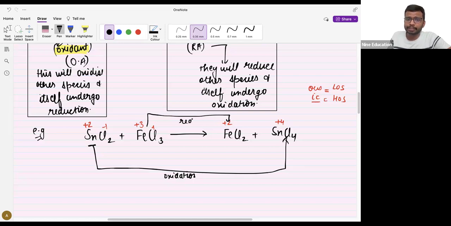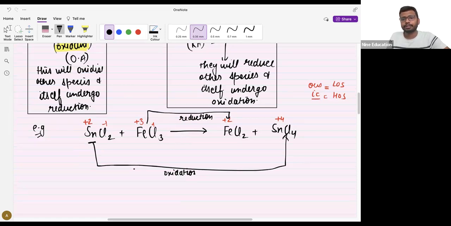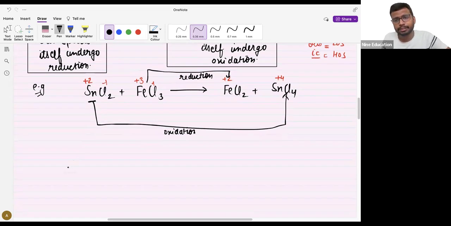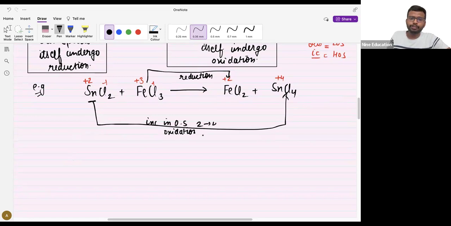This is reduction. So the increase in oxidation number from 2 to 4 is known as oxidation, and the decrease in oxidation number from 3 to 2 is known as reduction.